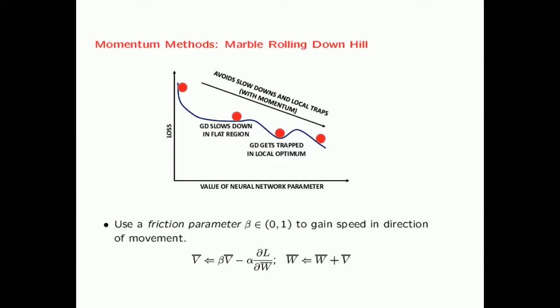So for example, when the gradient descent procedure comes to flat regions, if you use standard gradient descent, it will slow down in the flat region. Similarly, if you come to a local optimum, the gradient descent will get trapped in the local optimum. However, in this case, because it has a velocity from the previous movement, it does not slow down as much during the flat regions, and it is often able to avoid local optima.